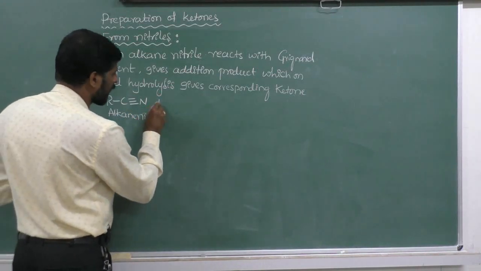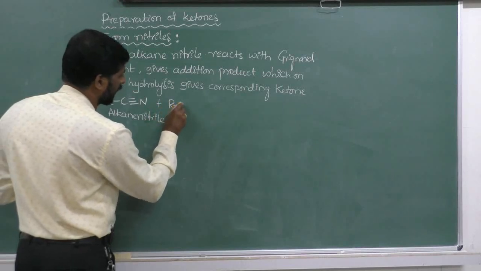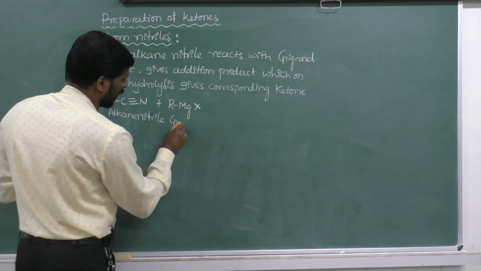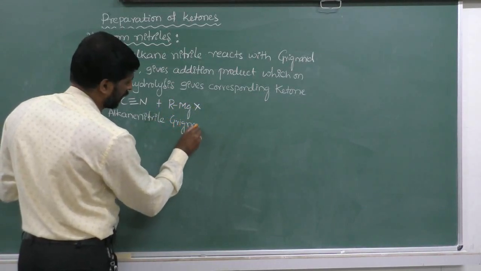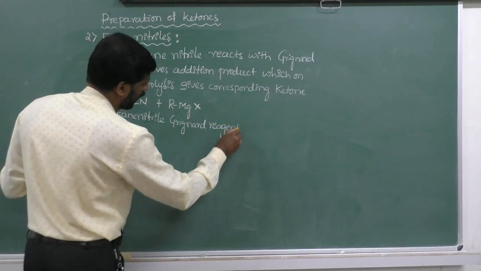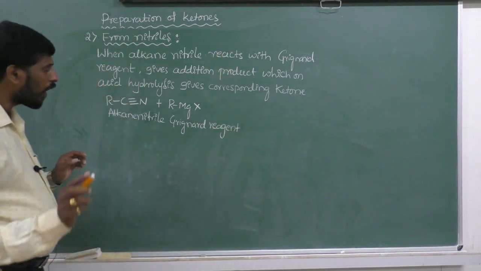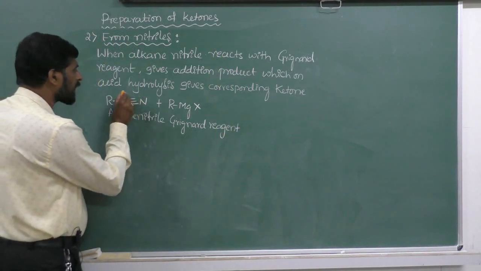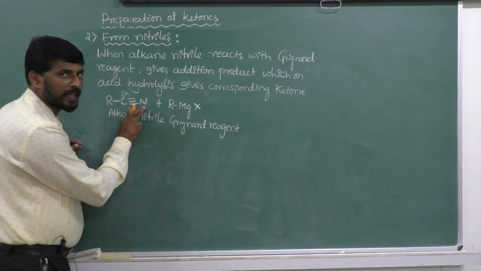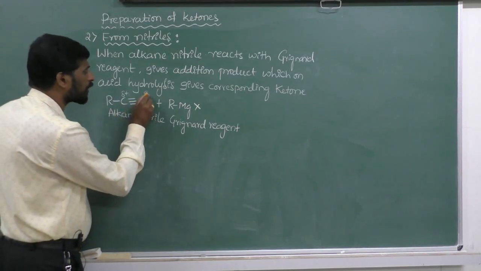Alkane nitrile reacts with the Grignard reagent, that is RMgX. This is Grignard reagent. Now observe this, carbon has a partial positive charge because nitrogen is more electronegative. It has a partial negative charge.